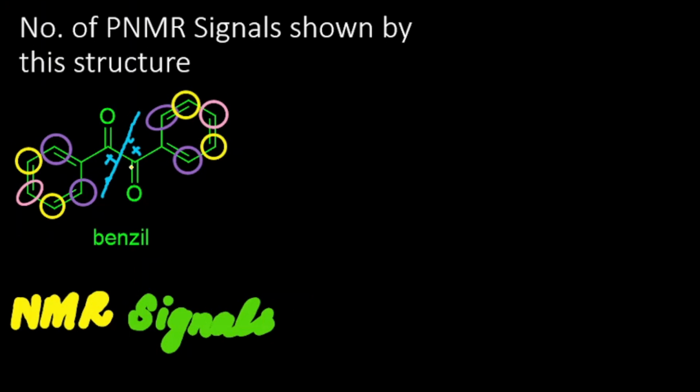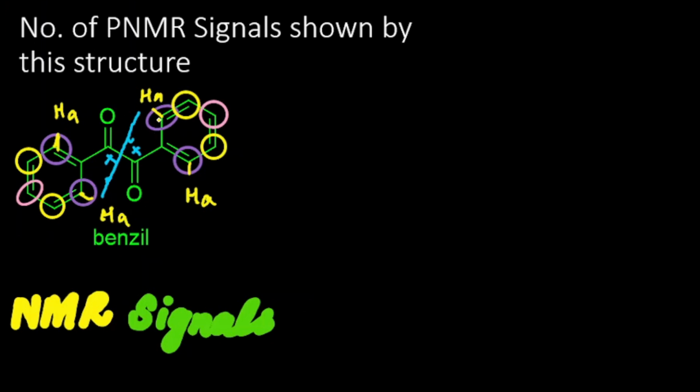Now if you see, this half and this half are of the same chemical environment. It means that the hydrogens that we are getting here will also give the same signal. This hydrogen and this hydrogen are of Ha type. Similarly, this hydrogen and this hydrogen will also be of the A type.